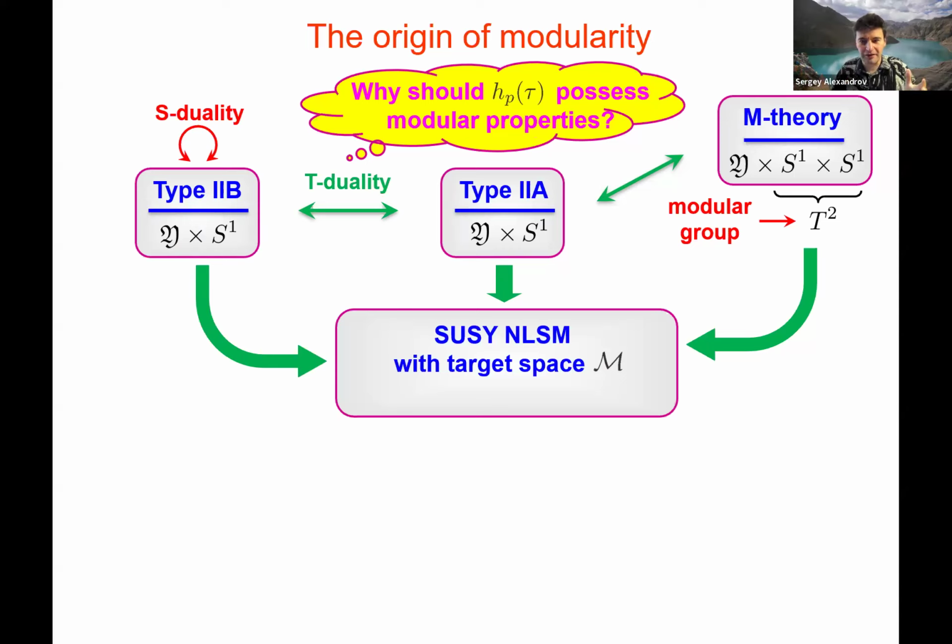So again, there is an SL(2,Z) modular group in the game, and somehow it must be reflected in this effective three-dimensional theory. And the claim is that it is reflected in such a way that this manifold M, which one can call the moduli space, must carry an isometric action of this modular group SL(2,Z).